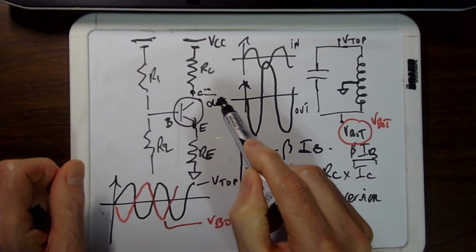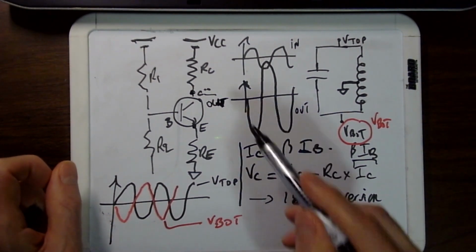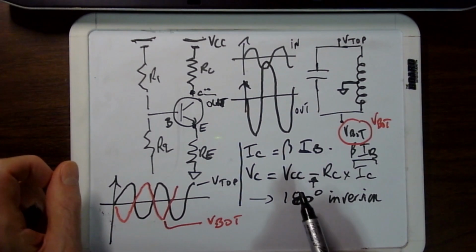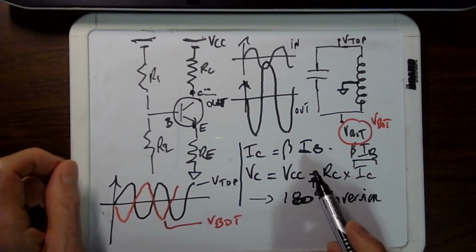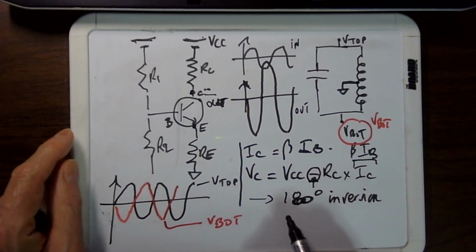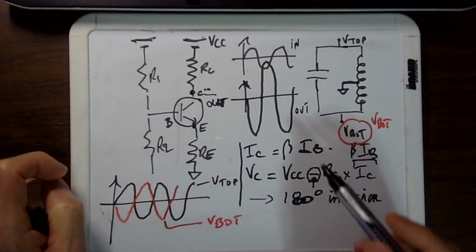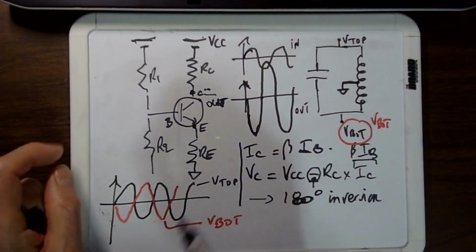The output is here at the collector. So VC is equal to VCC minus the voltage drop across RC. The voltage drop is RC times IC. So that minus sign causes that 180-degree inversion. So that's why you go from this to that, from positive swing to negative swing.